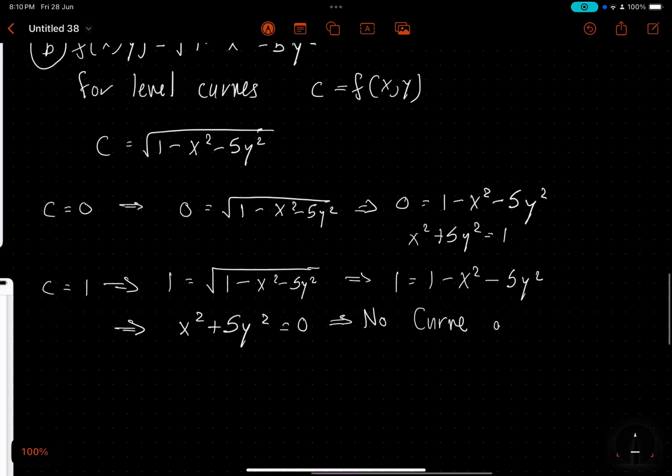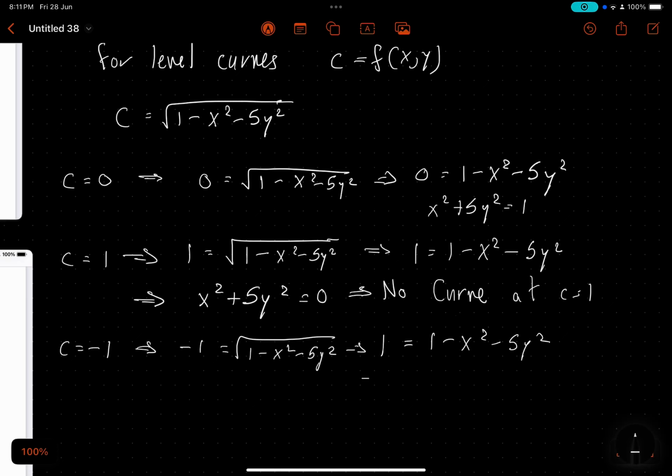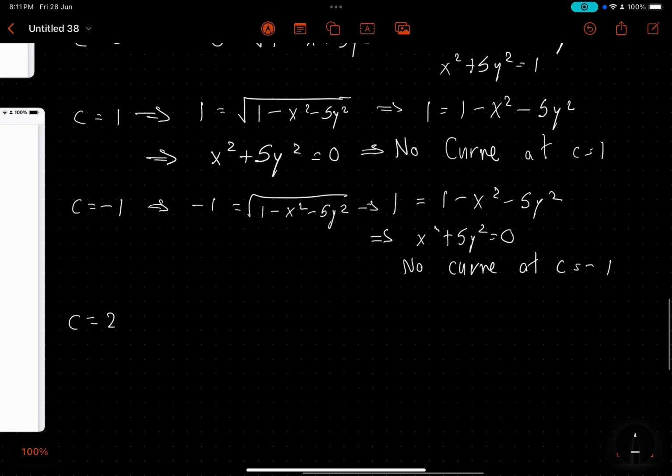Okay, at c equals 0, and then c equals -1, let's try that now. It's going to give us the same: 1 equals 1 minus x squared minus 5y squared, which is basically the same thing. So we do not have a curve at c equals -1. Let's take now c equals 2.